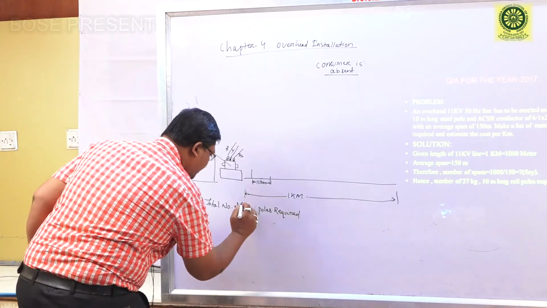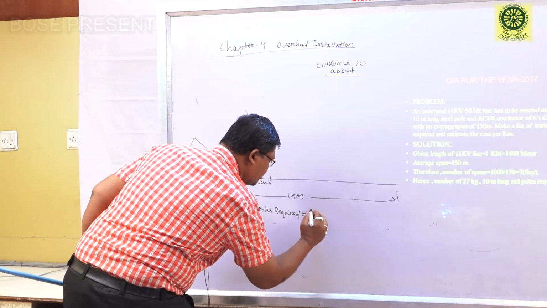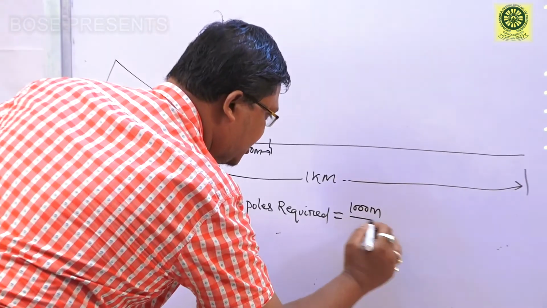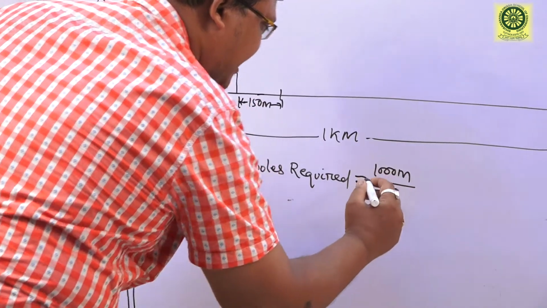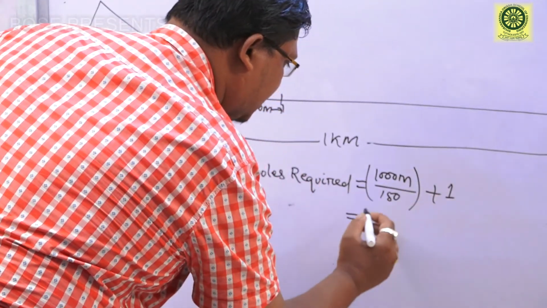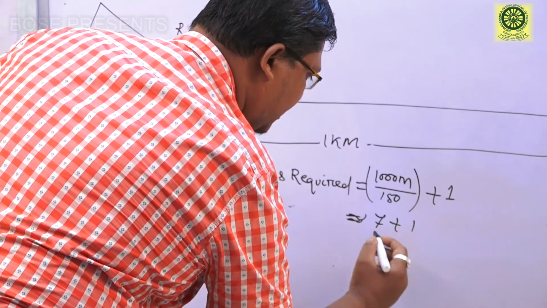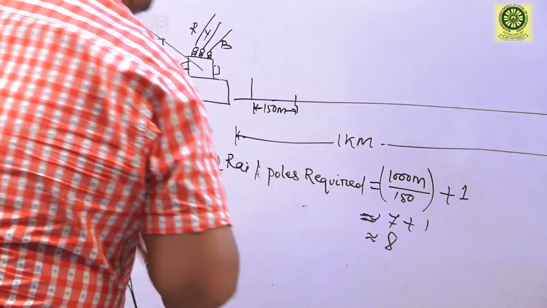Total number of rail poles required is equal to 1 kilometer, means 1000 meter, divided by 150, this is the span, plus 1. That is approximately 7 plus 1, that is approximately 8 poles are required.